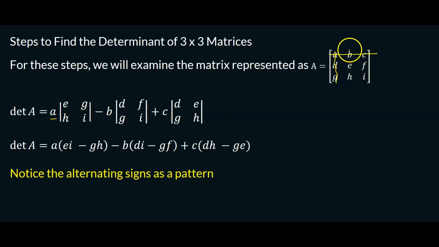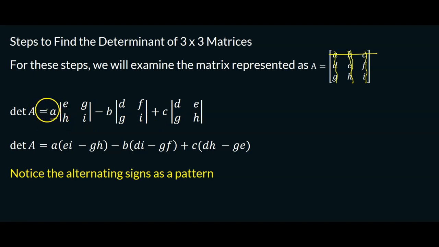Then once you're done with that, you'll draw your vertical line right here at B, and then you're going to have D, F, G, I. And then once you're done with that, you're going to draw another vertical line right here, and then you have D, E, G, H. But one of the most important things to pay attention to here is that there's an alternating sign before the scalar multiplier.